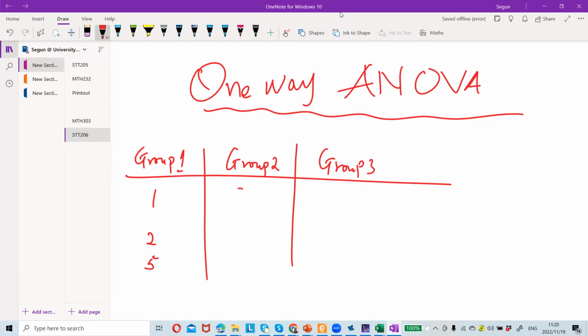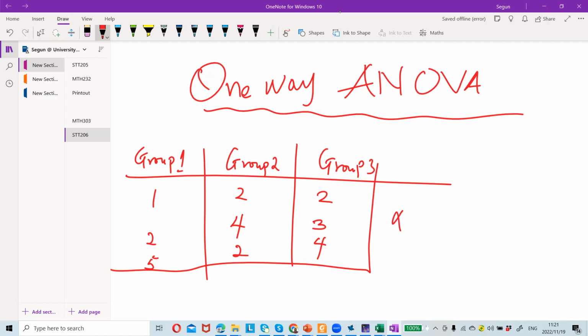Group two has 2, 4, 2. Group three has 2, 3, 4. Then they said our alpha is equal to 0.05. Don't forget, it's one-way Anova we're trying to solve.